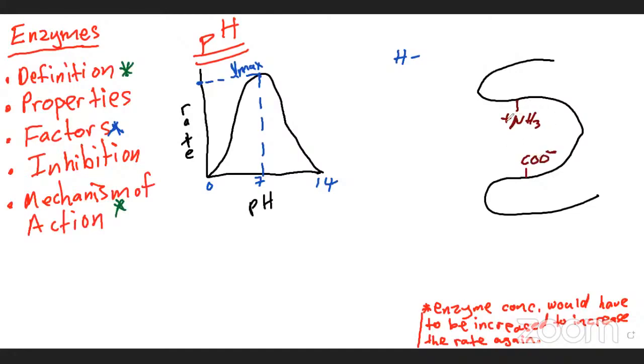This positive charge and this negative charge will attract each other. So that is what is holding this part to this. The reason why it curves like this is because of the bonding between the amino acid side chains from different parts of the polypeptide.